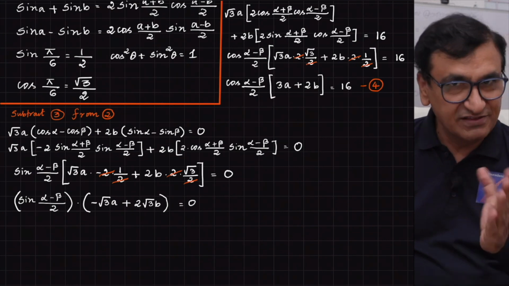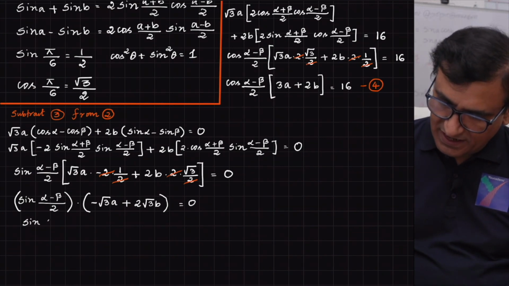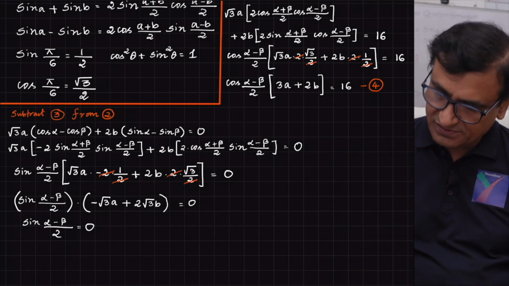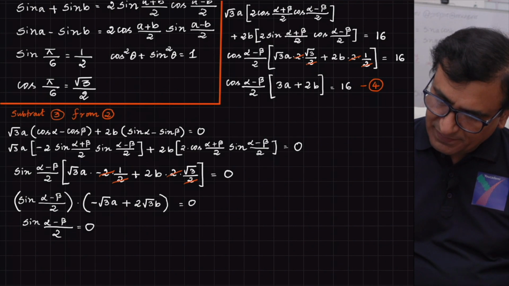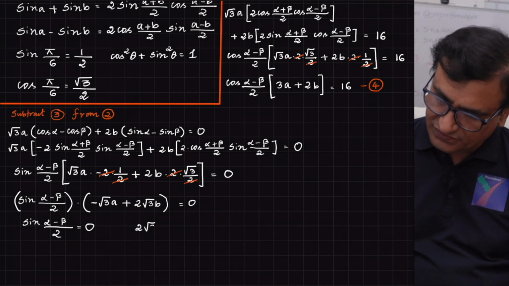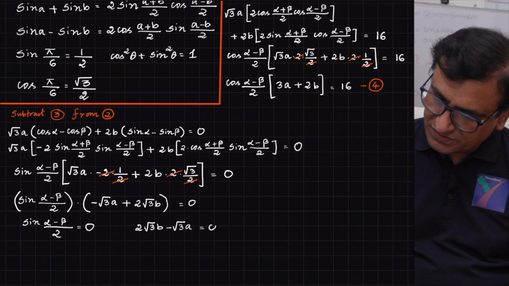Therefore, either sine((alpha minus beta)/2) equals 0, or, let me change the order of the terms, 2 square root of 3b minus square root of 3a equals 0.